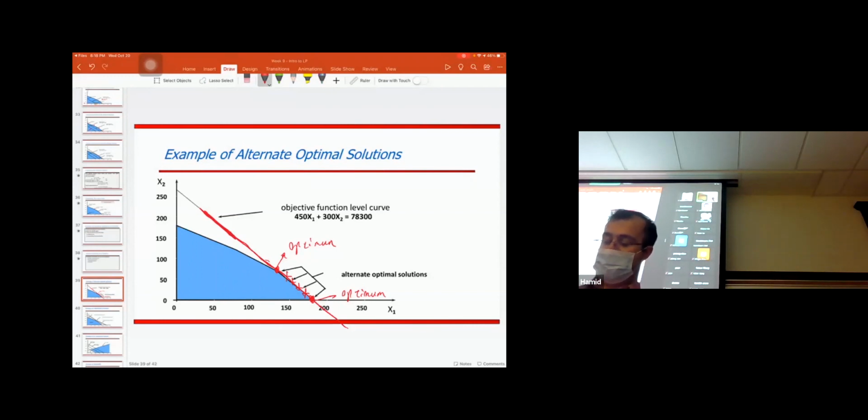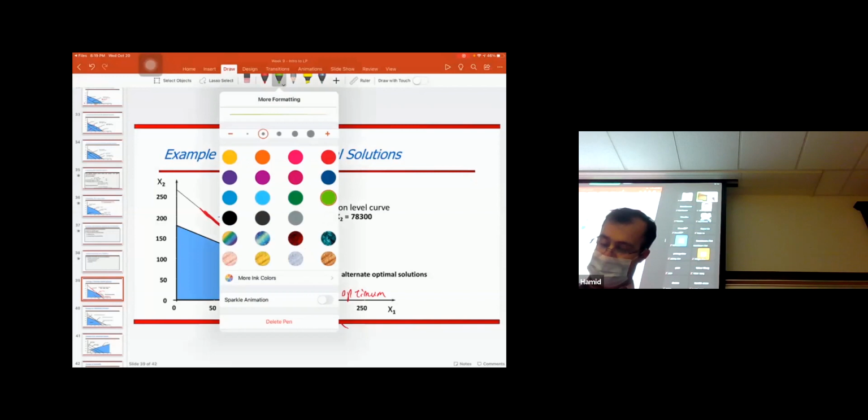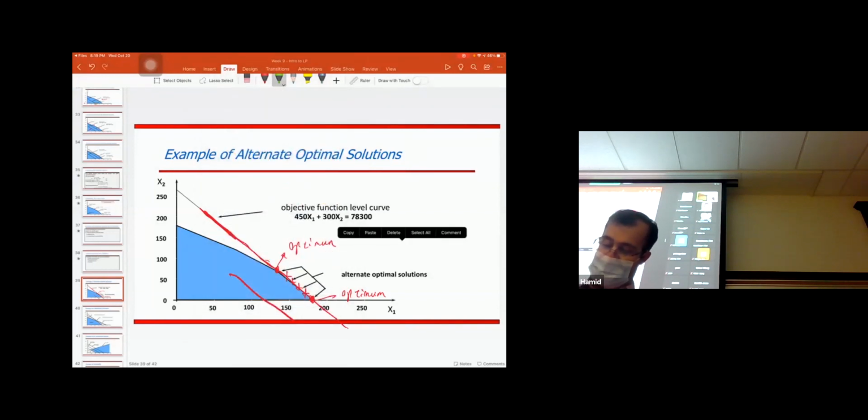Basically, in that case, the slope of your objective function and the slope of one of the feasible region edges exactly overlap each other. So if this is one of my edges, the objective function has the exact same slope.